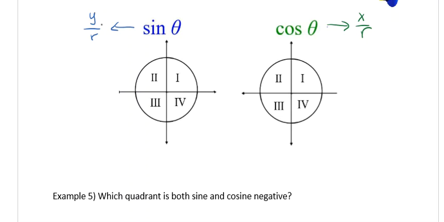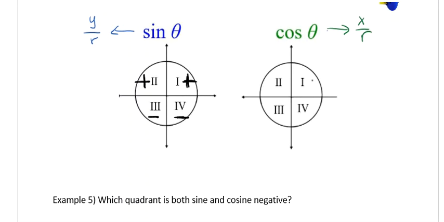The two quadrants where y is positive is the first quadrant and the second quadrant. In these bottom two quadrants, quadrant 3 and quadrant 4, the y values are both negative. Cosine is positive when x is positive, which is in quadrant 1 and in quadrant 4. It's going to be negative over here because all of my values on this side of the circle have negative x values.